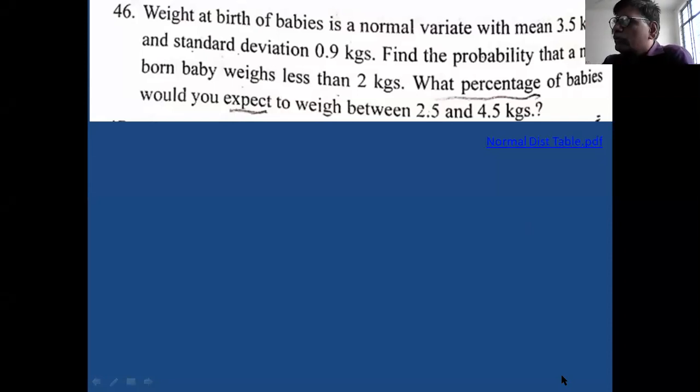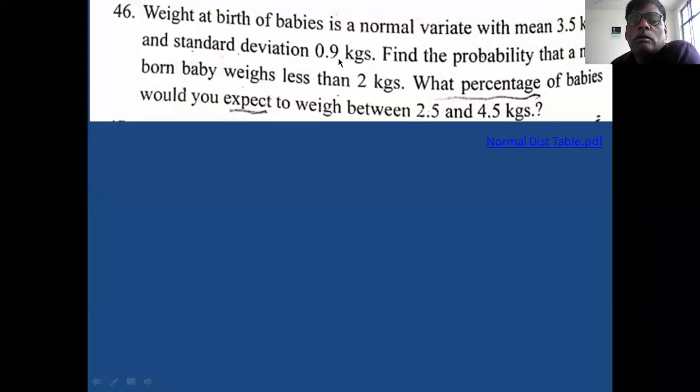Now you see example number 46. In this example, the weight at birth of babies is normally varied with mean 3.5 kg. Normally, newly born baby weight is 3.5 kg on average. And the standard deviation of the newly born baby is 0.9 kg.